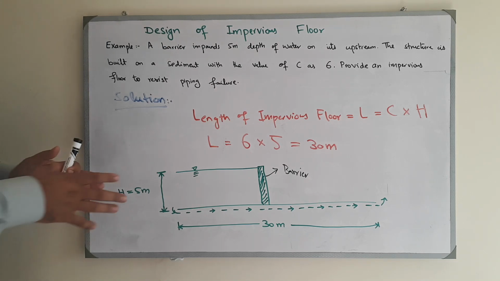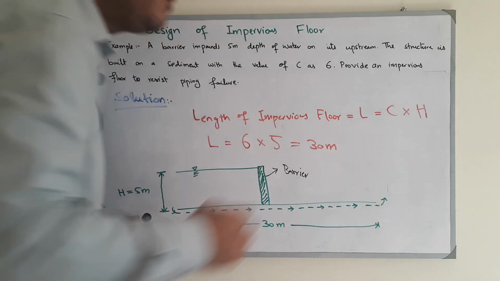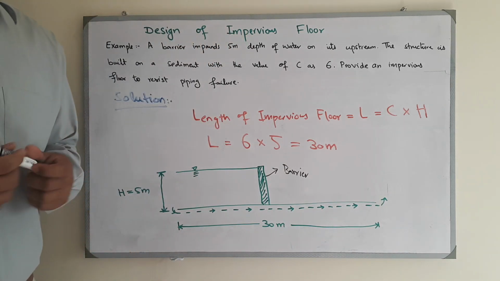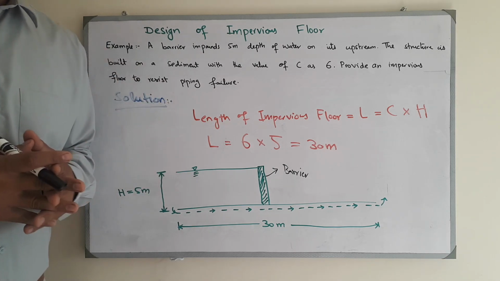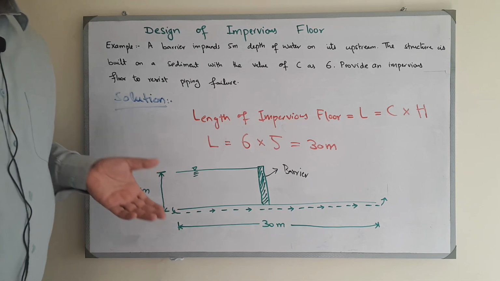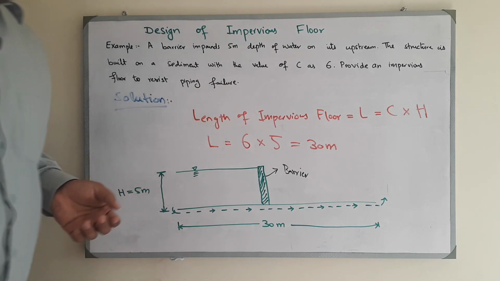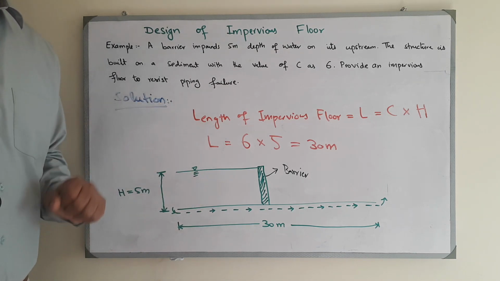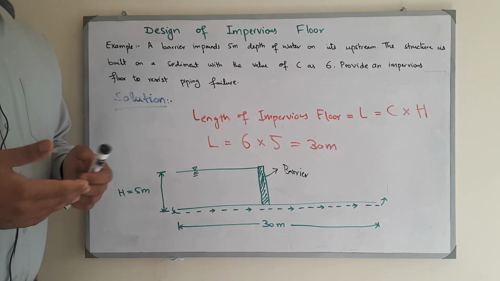So here, this is the illustration. You can see you have to provide a horizontal floor of 30 meter length so that it is safe against piping. Now, in the next section of the video we will study that, because it is costly and difficult to build a horizontal floor of 30 meter length for the whole hydraulic structure, we will learn how to provide sheet piles.